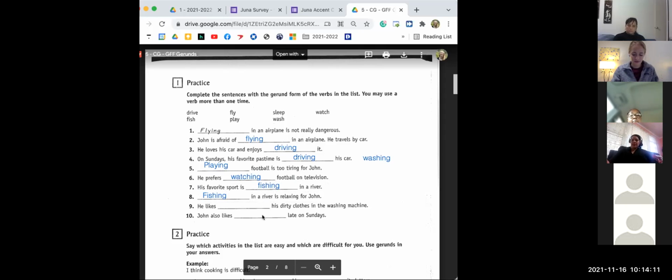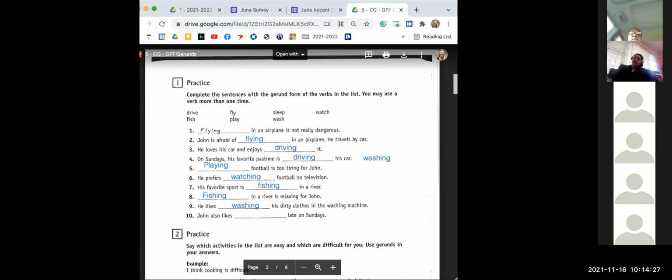Number 9, he likes washing. Washing sounds like a boring activity to me, but he likes washing his dirty clothes. And number 10, sleeping. He also likes sleeping late on Sundays.